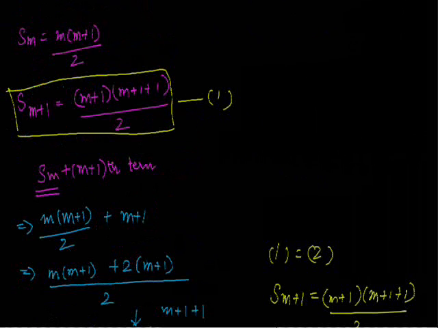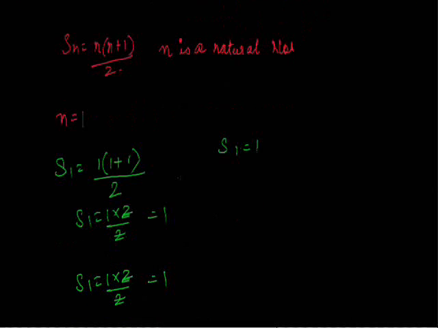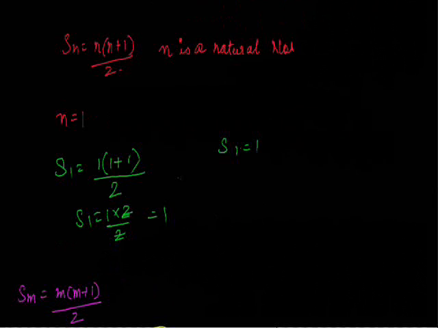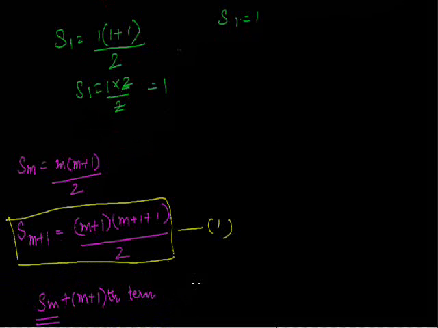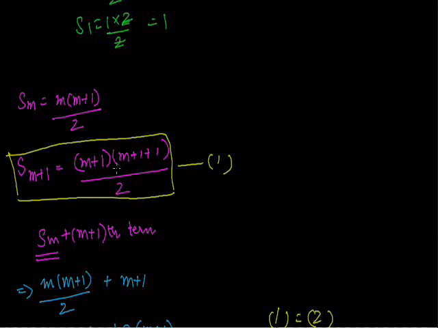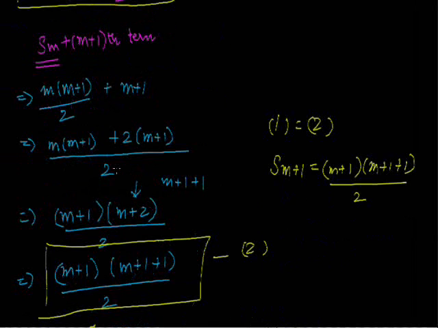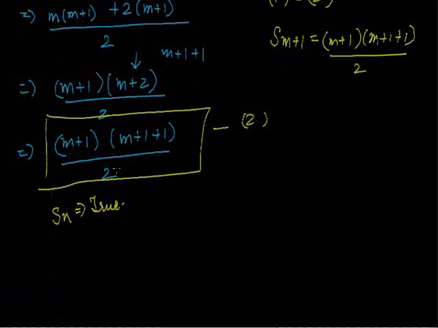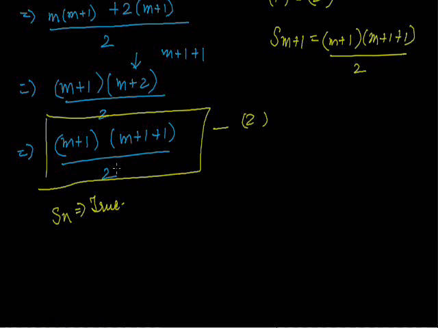First we start with n equals 1. If we prove that S of 1 is true, and yes, S of 1 is true, then we assume that S of m is true, and taking that S of m is true, we add the m plus 1th term to it. When we add the m plus 1th term to Sm, we get m plus 1 into m plus 1 plus 1 by 2.